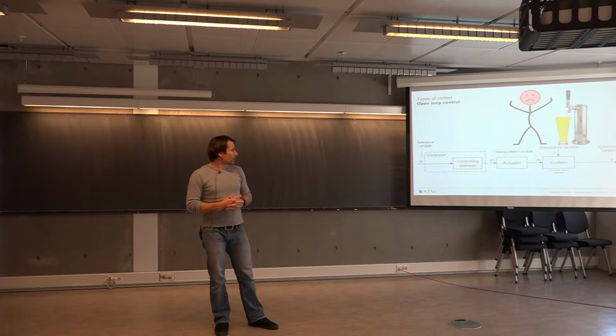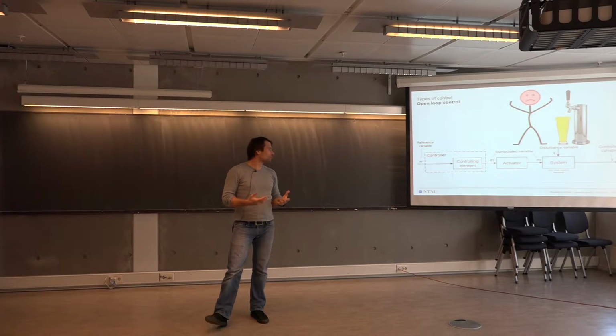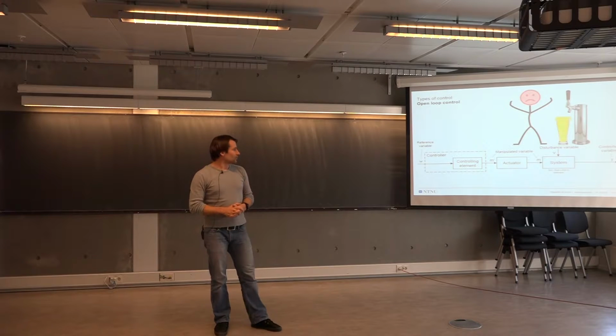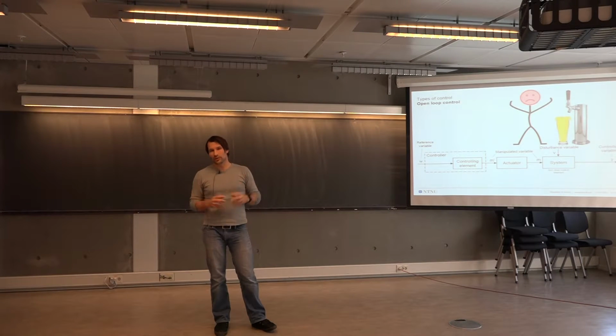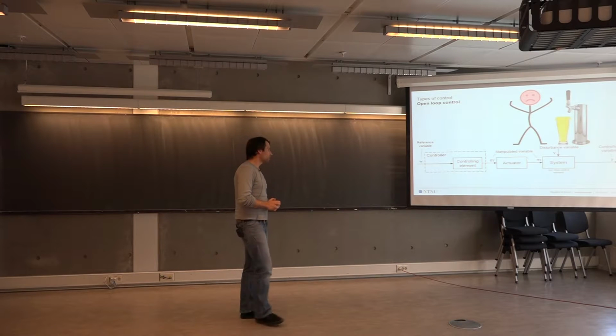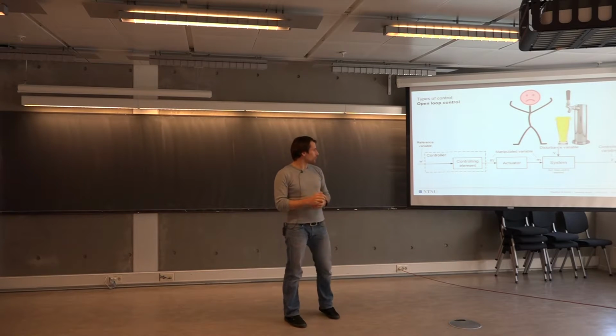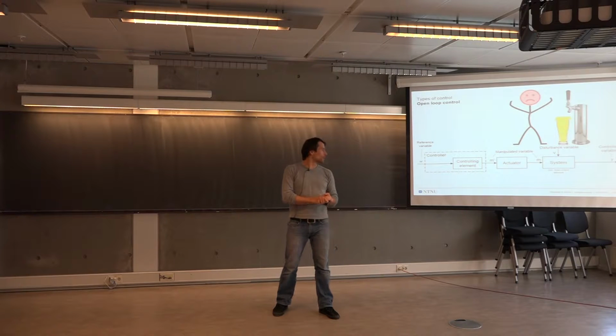Prior to that actuator, we have the controlling element, or the controller, the bartender, the guy who is supposed to tap the beer. And the output of this controller is the manipulated variable, again, now with a dash.